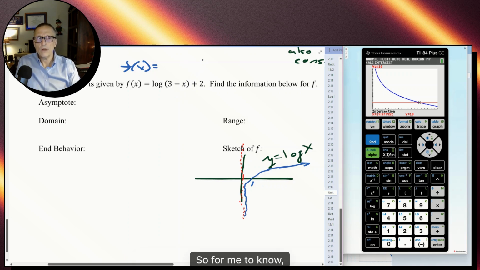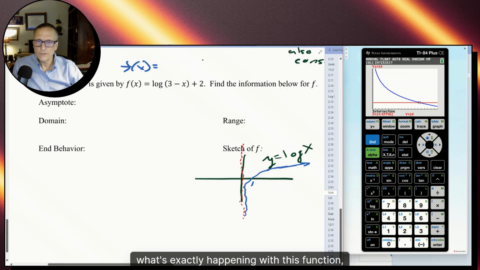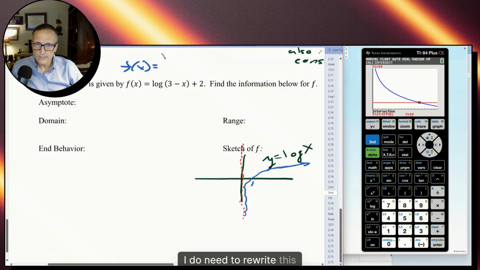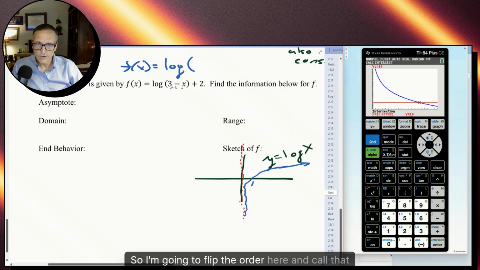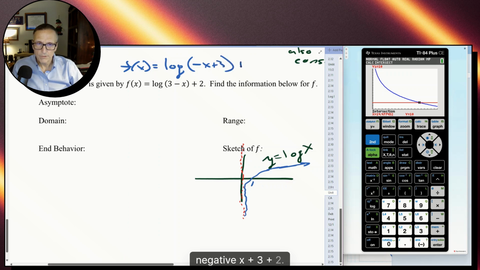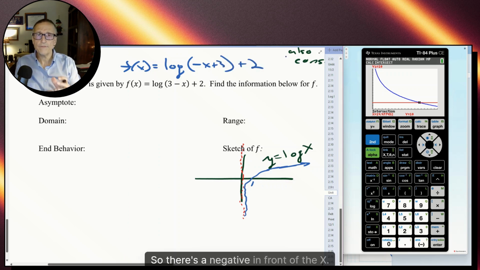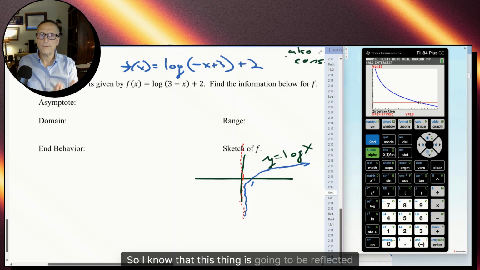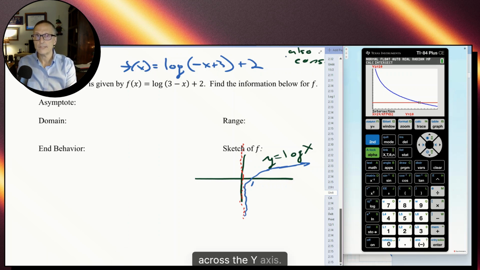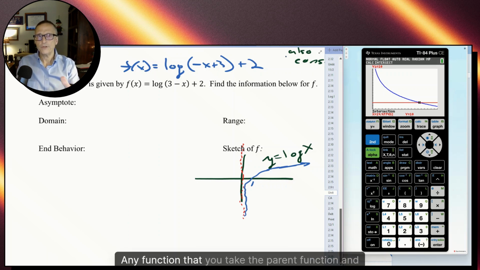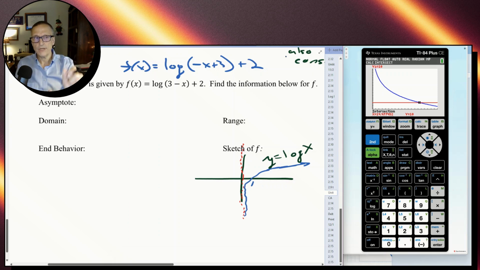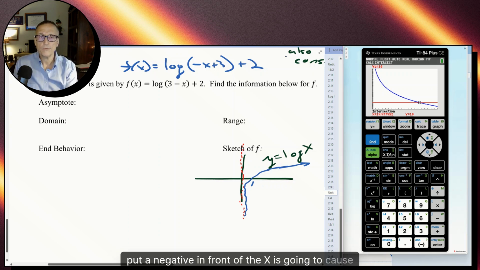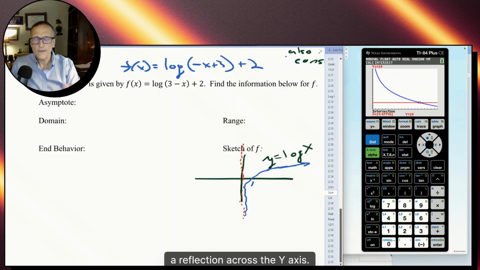So for me to know exactly what's happening with this function, I do need to rewrite this as the log of, and I am going to put the x first always, so I'm going to flip the order here and call that negative x plus 3, plus 2. So there's a negative in front of the x. So I know that this is going to be reflected across the y-axis. Any time you take the parent function and put a negative in front of the x, it is going to cause a reflection across the y-axis.